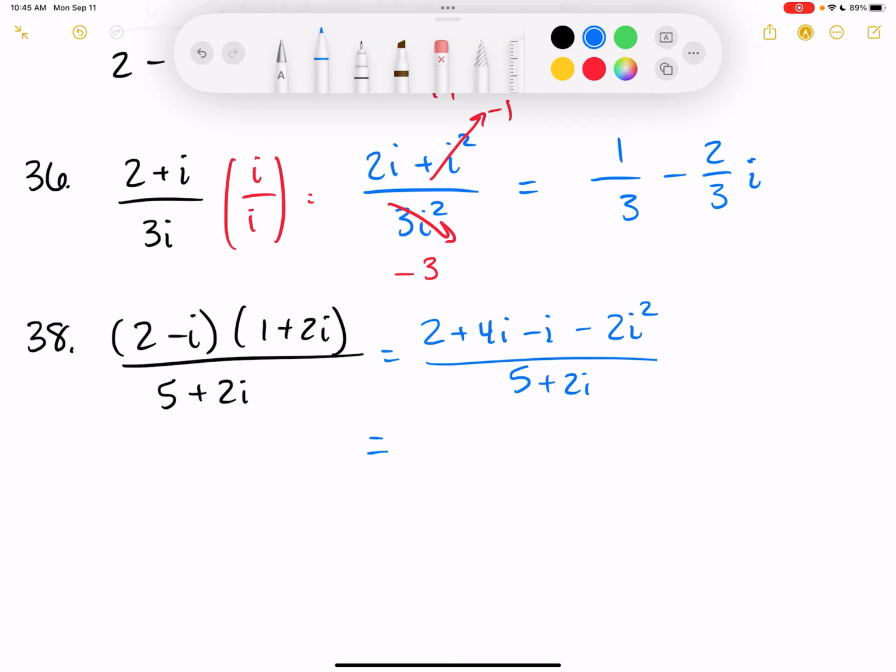Now negative 2i squared is going to be plus 2. So I'm going to have 4 plus 3i over 5 plus 2i. Now I'm multiplying by 5 minus 2i.